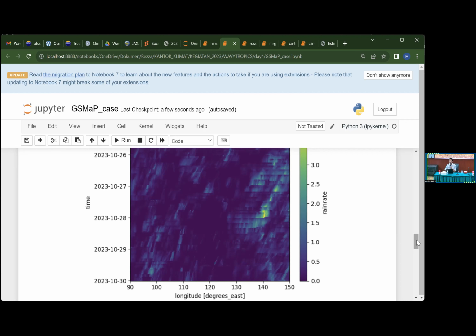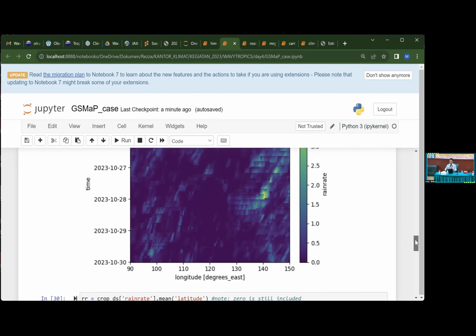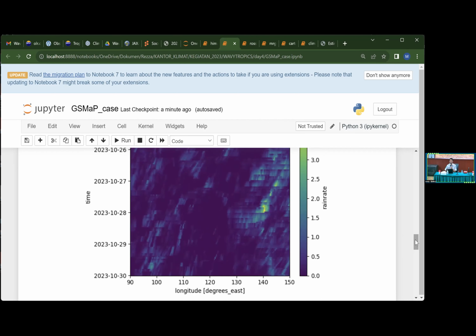For instance, if you have hourly data, the maximum frequency that you can get is double of it, so about 2 hours. If you have daily data, the smallest period you will have is 2 days.